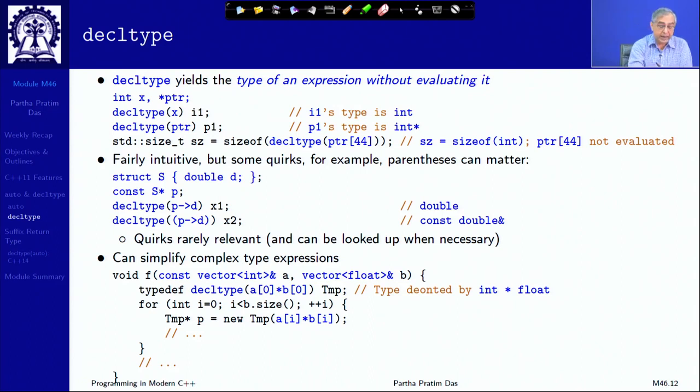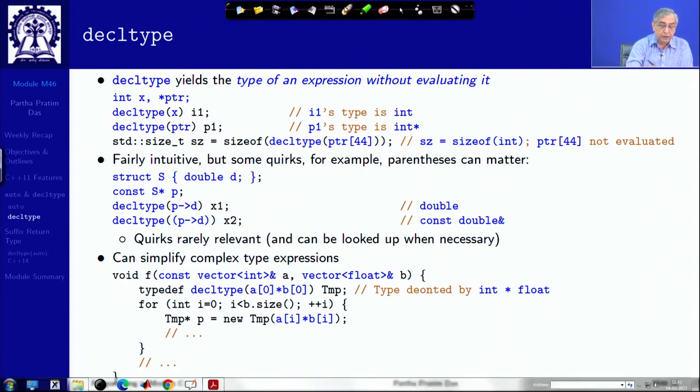So, let us say in decltype what you can get. I have a declaration for an int x and a pointer to int ptr. Now, if I put decltype x, it will take the type and make it int.